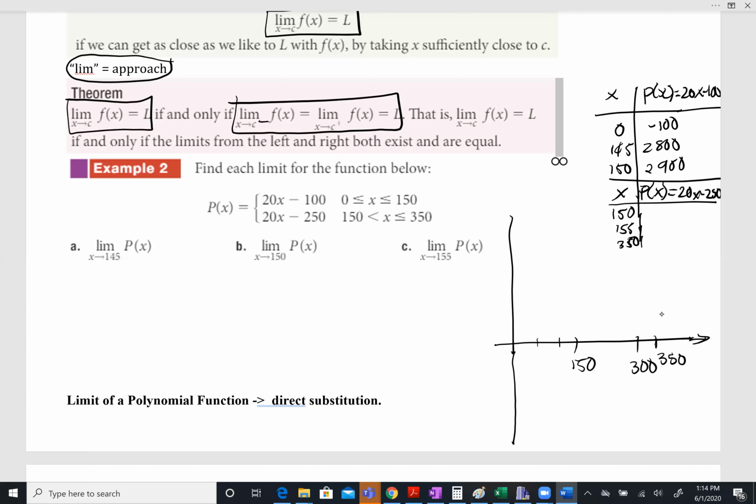So it looks like we have a big scale, but it still can work. So for the other, let's see, 20 times 150 minus 250. I have 2750. All right, and then 155 multiplied by 20 minus 250 is going to be 2850.